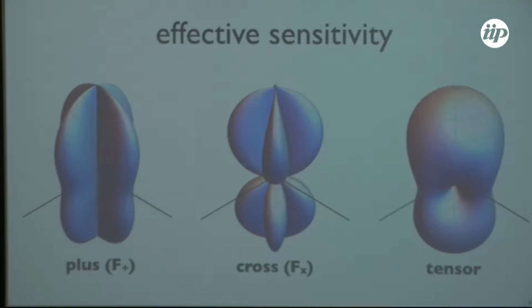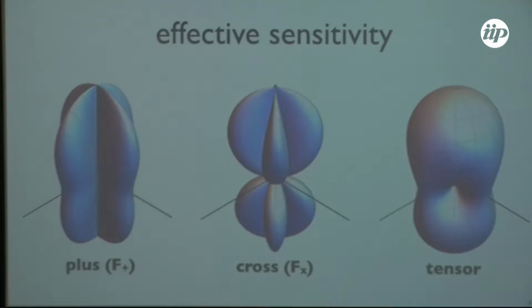Okay, and so I showed you these two plots that correspond to the plus and cross polarizations defined in some specific frame. In general, if a gravitational wave is what we call circularly polarized, by definition it means it has equal components of both, just like circularly polarized light means you have equal components of vertical and horizontally polarized light.